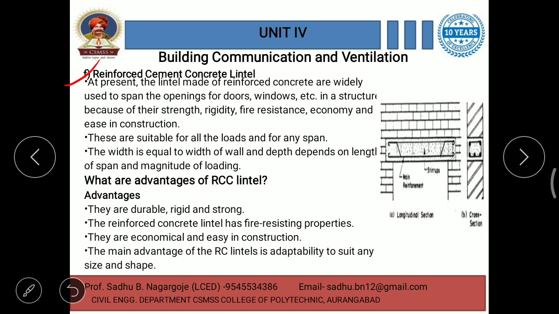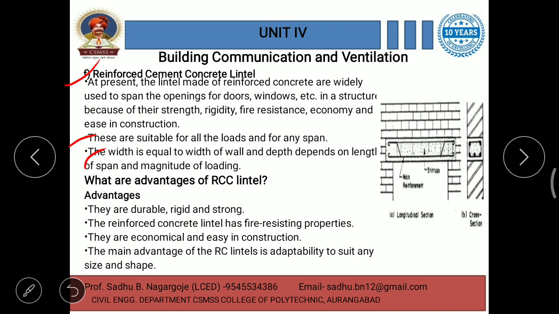While considering all these parameters, the use of reinforced cement concrete lintel is again very much common nowadays. These are suitable for all the loads and for any span. The width is equal to width of wall and depth depends on length of span and magnitude of loading.